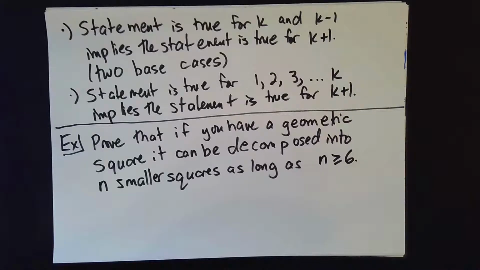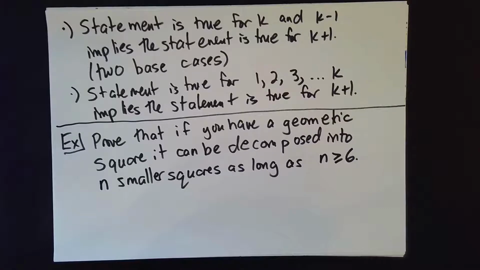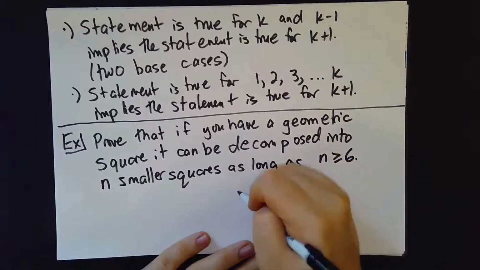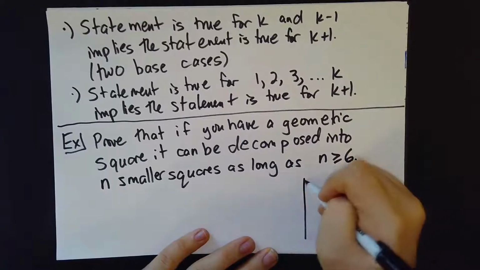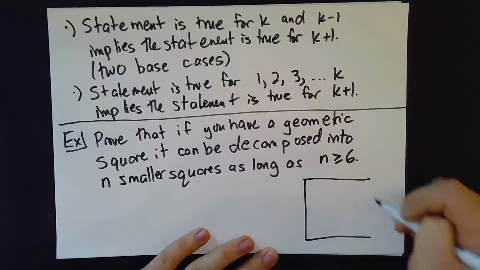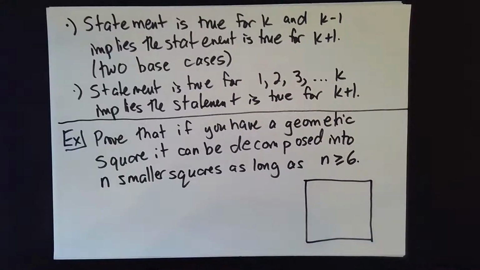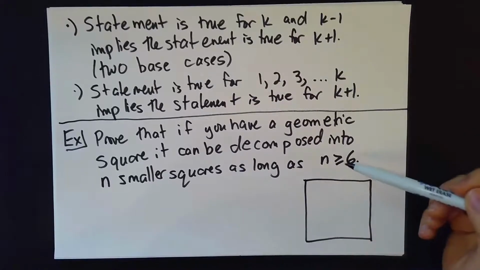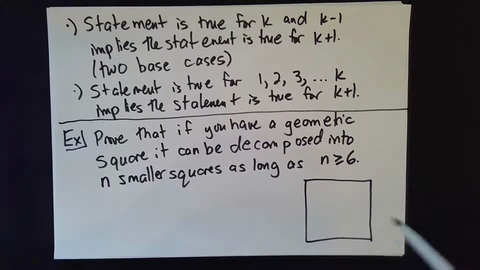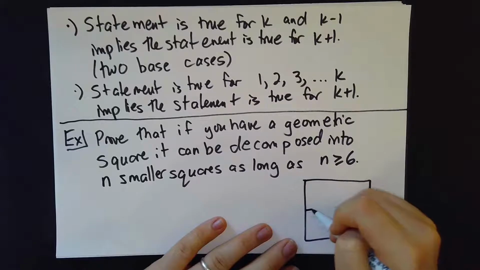Okay, so here's the question. The question is to show that if I start with a square, and I've just said geometric square to make sure you know I'm talking about the actual shape a square and not a number like 9 or something like that. I want to show that I can break this into smaller squares as long as I choose the smaller squares correctly. So here is one example of doing that.